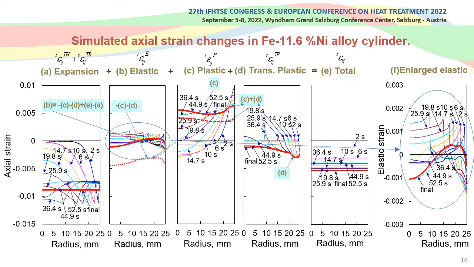Minus C minus D is included in the equation. Then, by subtracting the expansion strain A from the total strain E, the distribution E minus A is obtained. Finally, the elastic strain is derived by adding the distribution minus C minus D and the distribution E minus A.